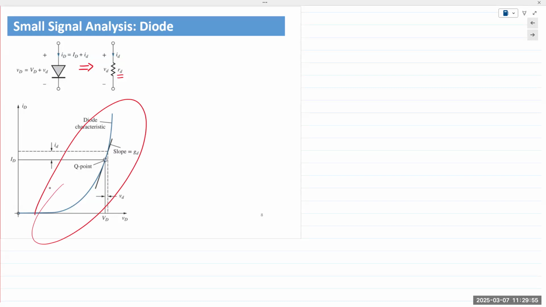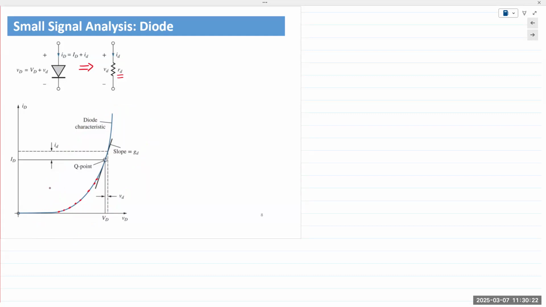Even though the device is non-ideal, you can take any point along this diode characteristic and find a resistance for that particular operating point. You have the diode voltage and the diode current at that point. Apply Ohm's law, you find the diode resistance at that point. That would be known as the DC or the static resistance.